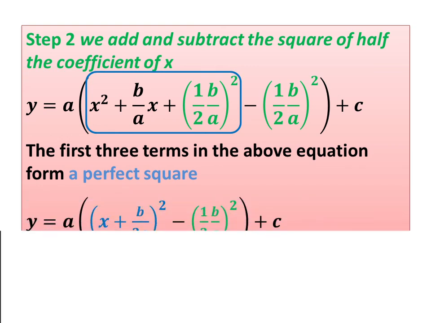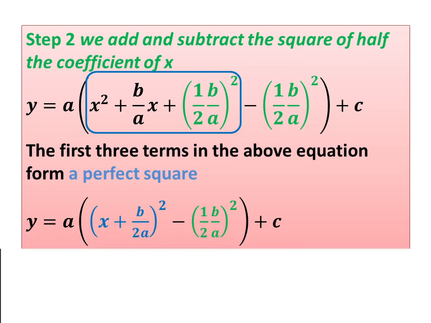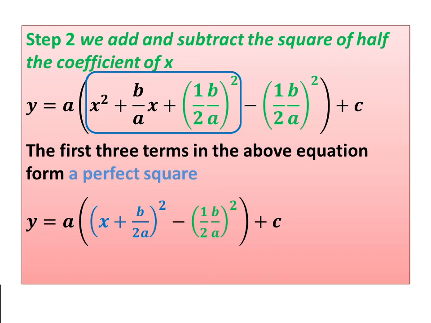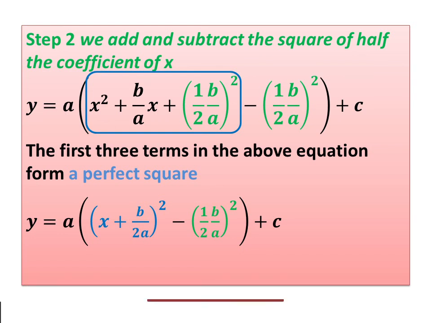So we want to add and subtract the square of half the coefficient of x. We do this in order to be able to complete the square. So look at the first three terms, x squared plus b over a x plus b squared over 4a squared. This is a perfect square, and I write it in blue.